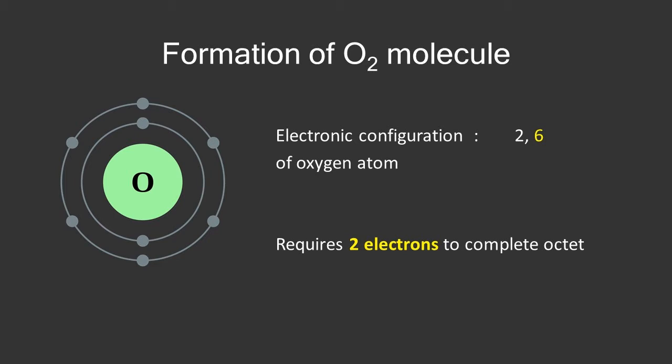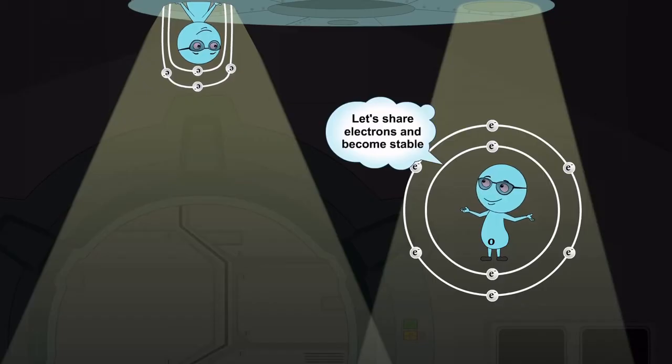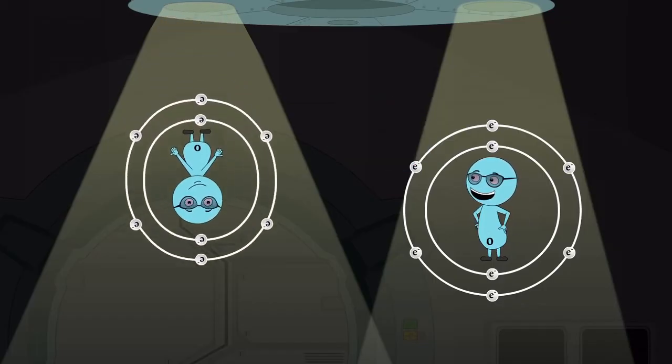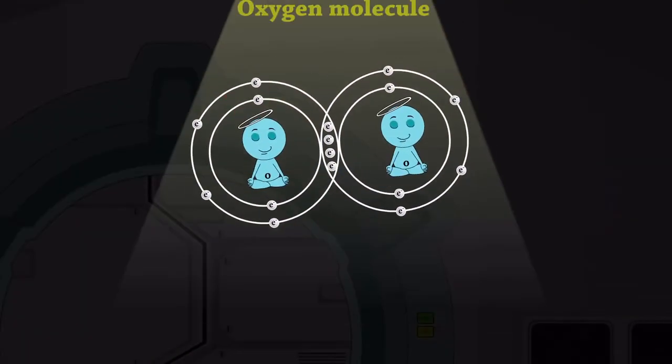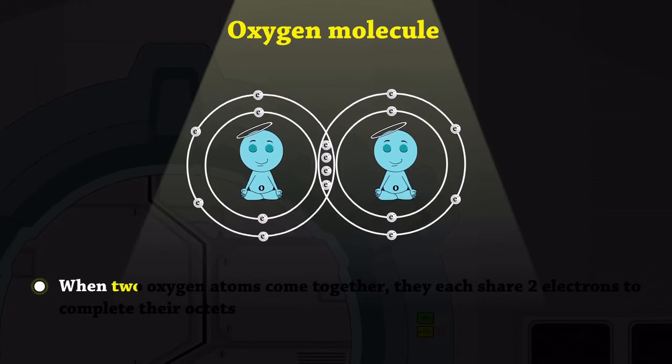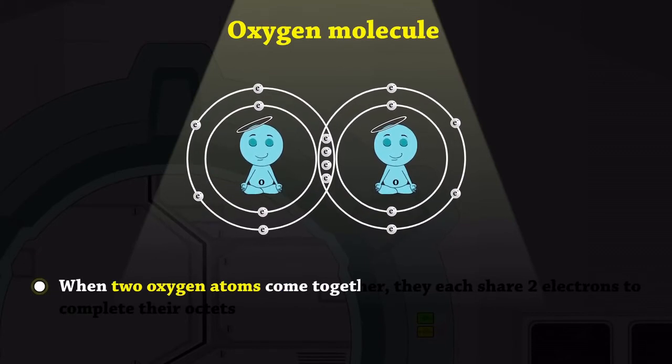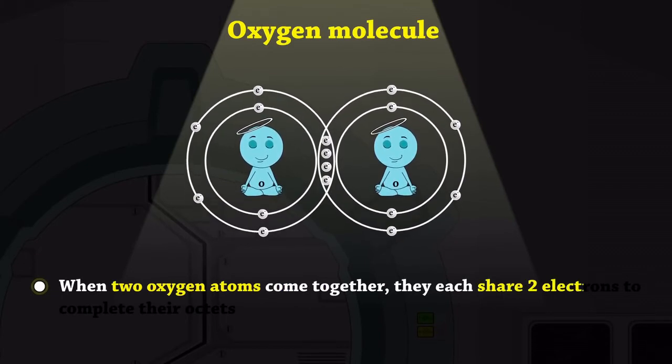The electronic configuration of oxygen atom is 2 and 6. So, an oxygen atom requires 2 more electrons to complete its octet. When two oxygen atoms come together, they each share 2 electrons to complete their octet.